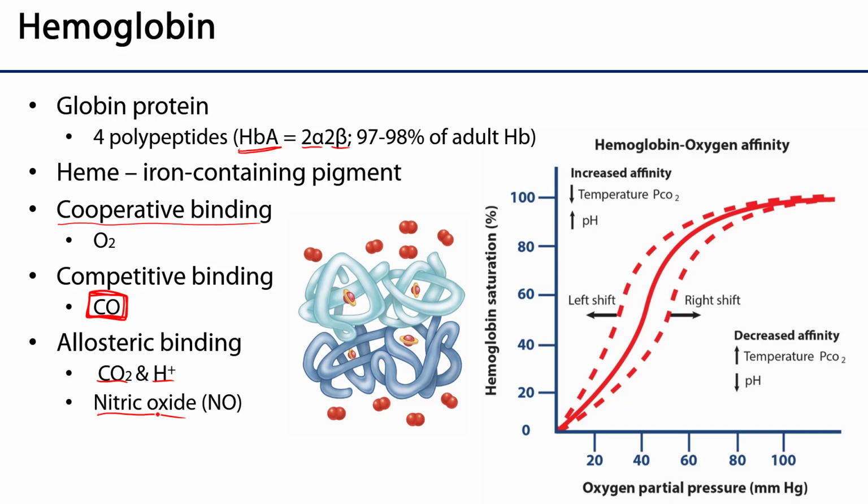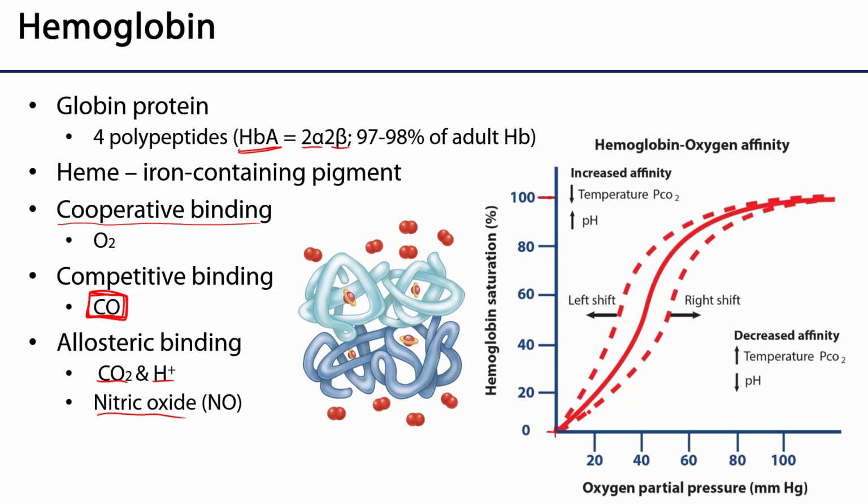Let's turn our attention to this hemoglobin association curve. So this is really charting the saturation of hemoglobin. So this would be 100% saturation. This would be 0% saturation, with the partial pressure of oxygen measured in millimeters of mercury.